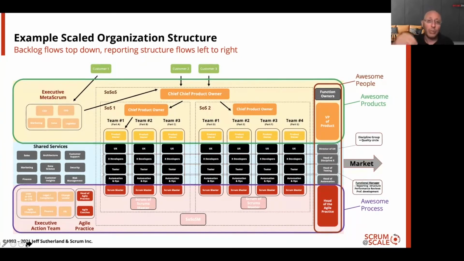Now, when I normally start setting up a transformation, what I'll do with the executives is I'll have them understand this diagram and go through an exercise where we understand that everybody in leadership cares about all three things. They care about awesome products and awesome process and having awesome people. But the truth is, you might care about them all, but you've got to pick one.